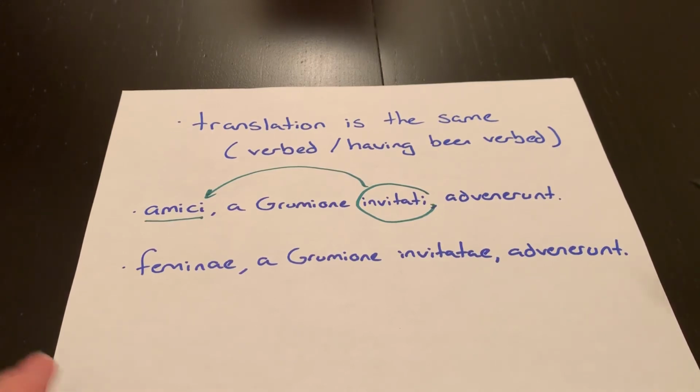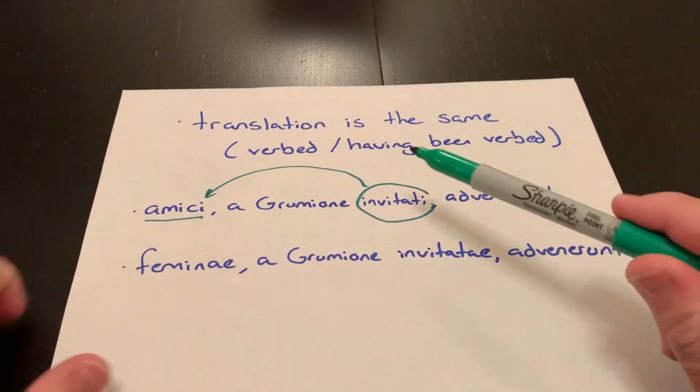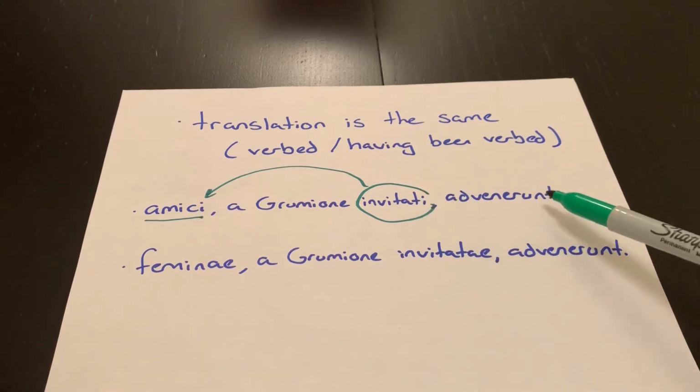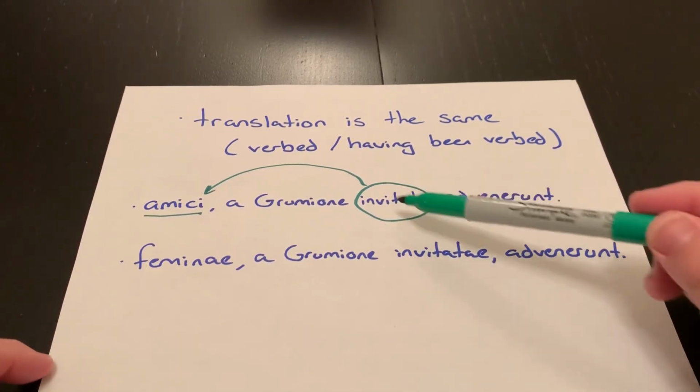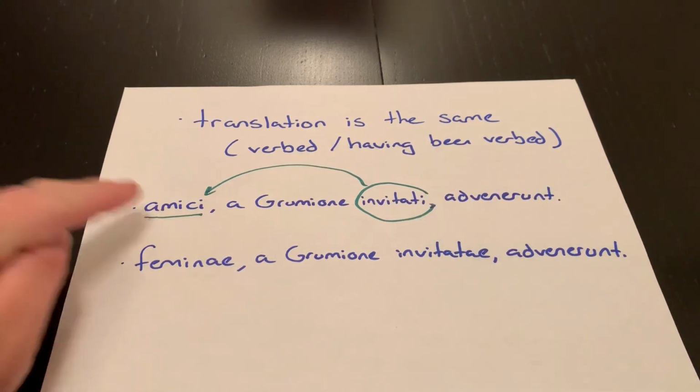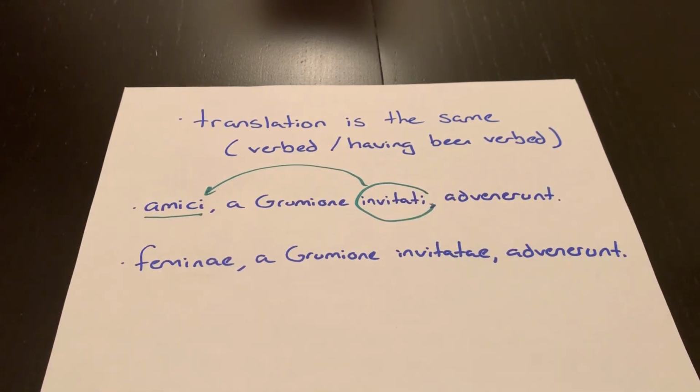Okay, once again, that's the friends invited by Grumio arrived. And that's no different than if it was just one friend. We could have said the friend invited by Grumio arrived. The translation of the participle is not going to change depending on whether that is singular or plural.